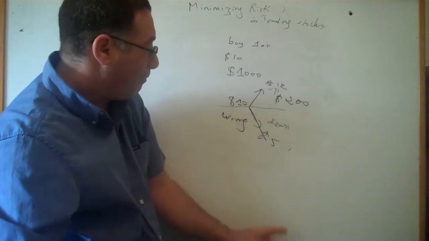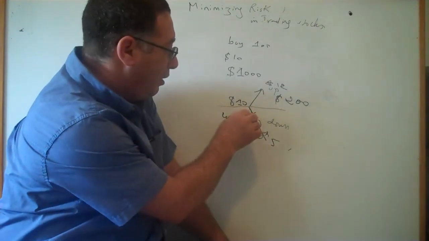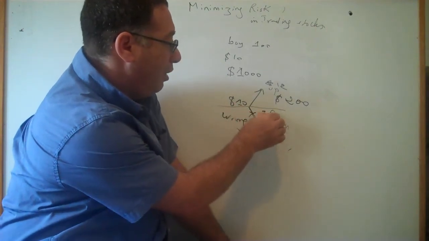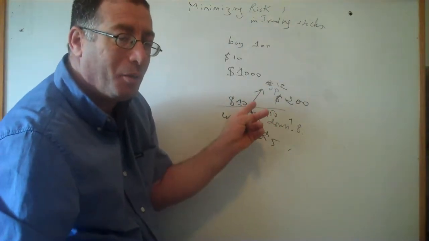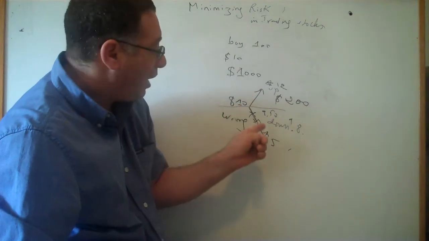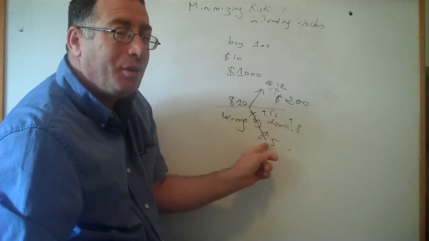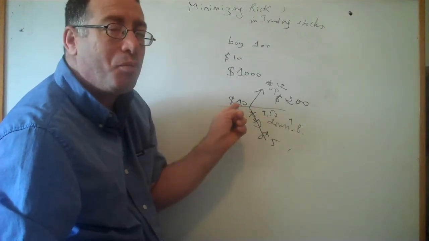This is the problem. If you don't put a stop loss here or here, for example, at 9.50 or 9 or 8, depending on your stop loss, what will happen? The price is going down, and when it goes down, it eats your money.